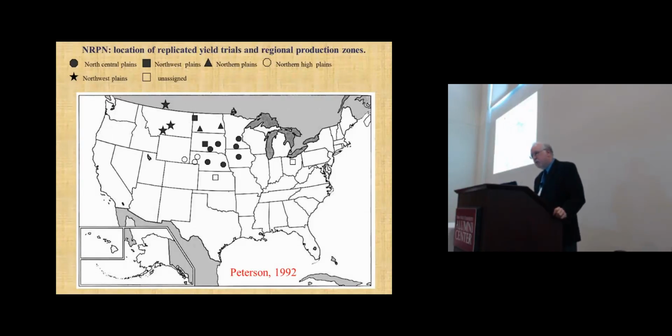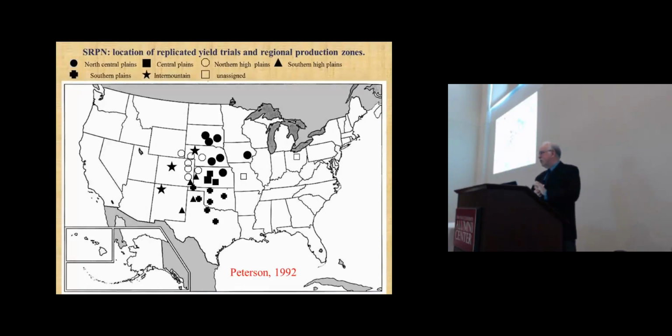Jim Peterson, formerly of the USDA at Lincoln, was the coordinator, and he asked how we cluster based on yield. What you can see, for those unfamiliar, is that Nebraska is this little state here. The eastern sites cluster with the eastern sites in the Great Plains. The western sites cluster with the western sites, mainly Wyoming. He did the same thing for the Southern Regional Performance Nursery, with a lot more testing sites.